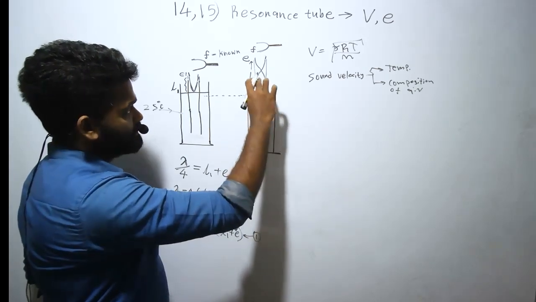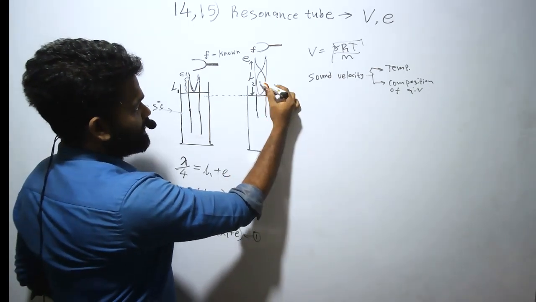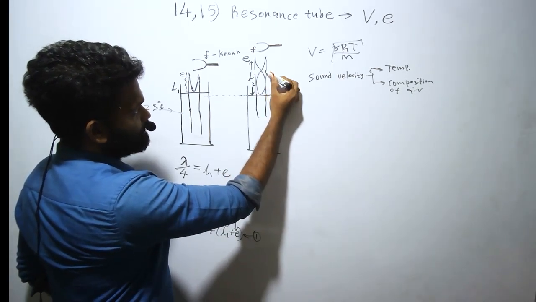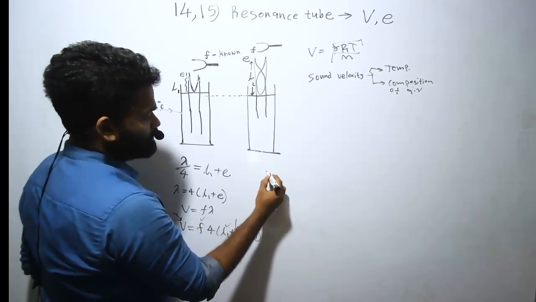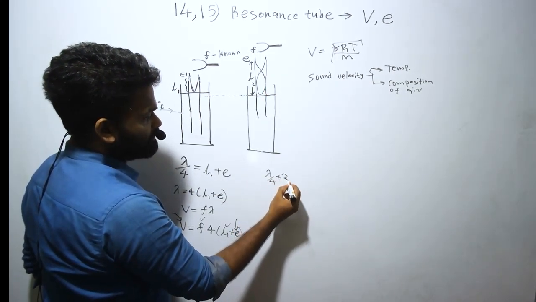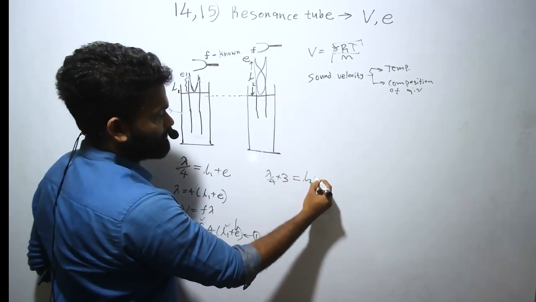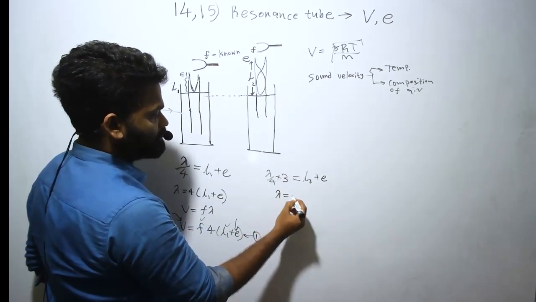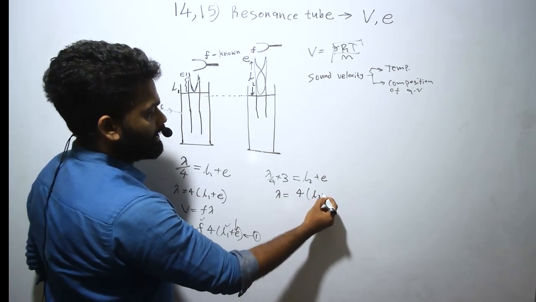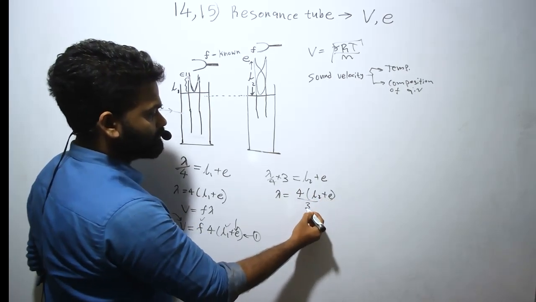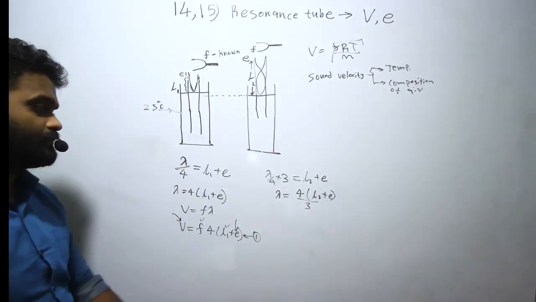Then I'm applying this to here. So we have lambda over 4, three times, so that is equal to L2 plus E. Then you can say lambda is equal to 4(L2 plus E) divided by 3. So we found a term for lambda.